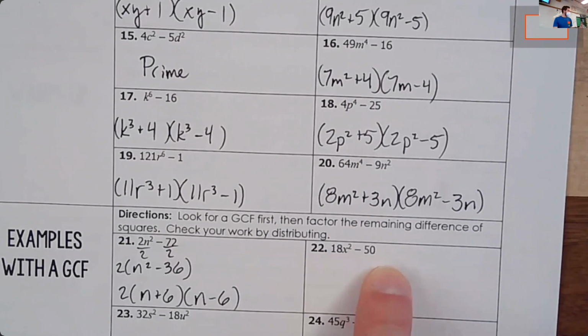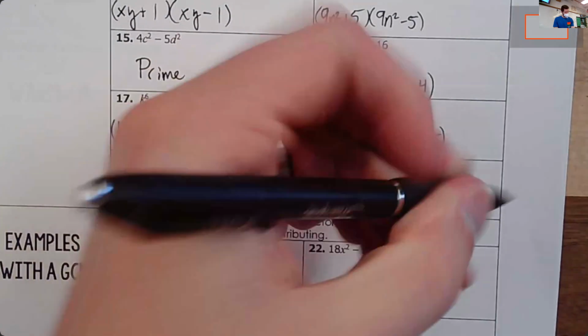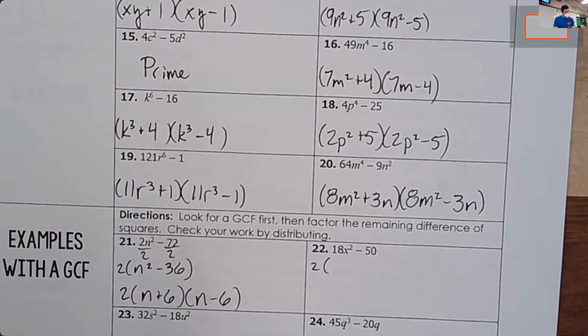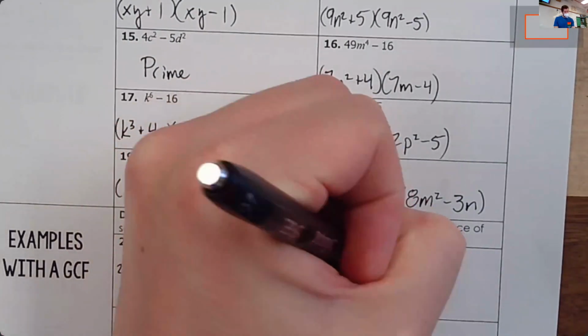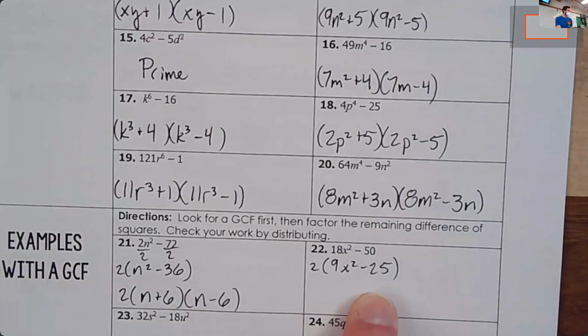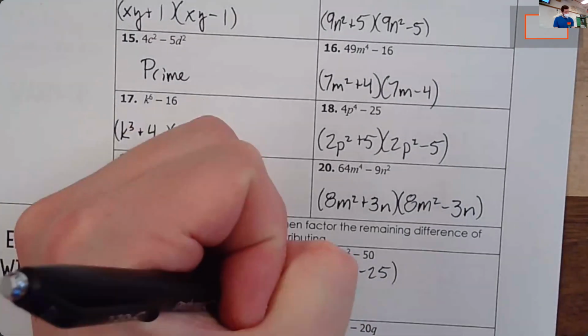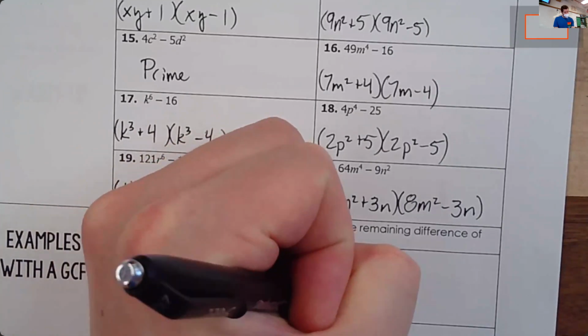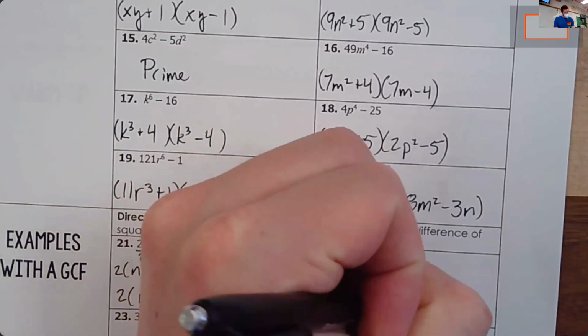So the greatest common factor between 18 and 50 is just 2. So we'll divide those both by 2, and that'll be 2 times 9x squared minus 25. So when we factor out our 2, we've got 9x squared minus 25. Are both 9 and 25 perfect squares? Yeah, 9 is 3 times 3, 25 is 5 times 5. So we're going to get 2 times 3x plus 5 times 3x minus 5.